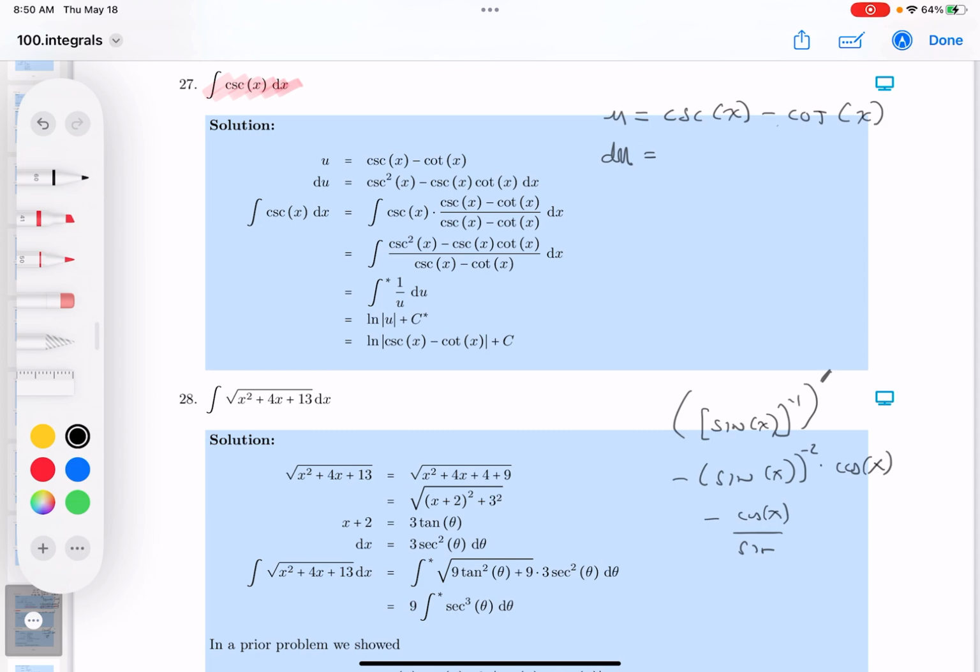So minus cosine x, I'm simplifying, by the way, and sine x, sine x. I'm looking at that, and cosine over sine is the cotangent. That's not too bad. And then cosecant. Write that down. Minus the cotangent of x cosecant.